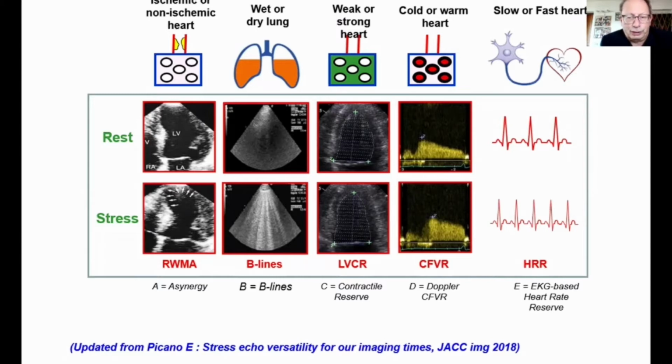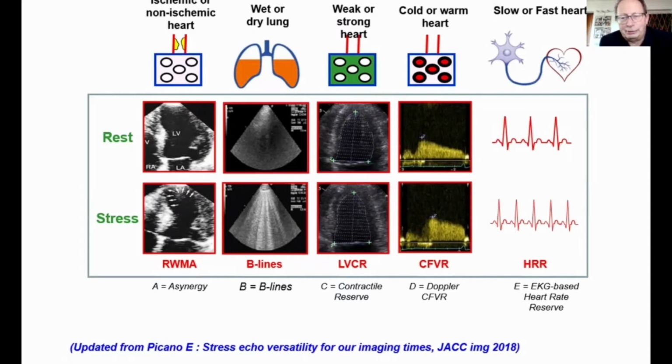And the cold or warm heart, focused on the myocardium, because if you have a preserved coronary flow reserve, your flow increases, your local temperature also increases, since myocardium is an erectile organ increasing flow and function and temperature with increasing flow. In this way you focus on the very important coronary microvascular function when there is no epicardial coronary artery stenosis, with the D step for Doppler-based coronary flow velocity reserve.